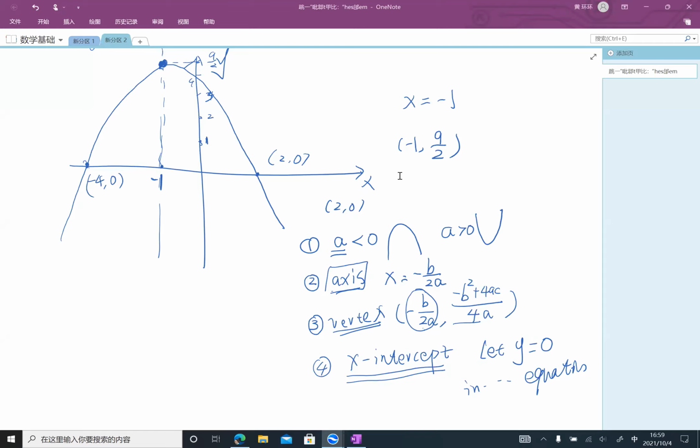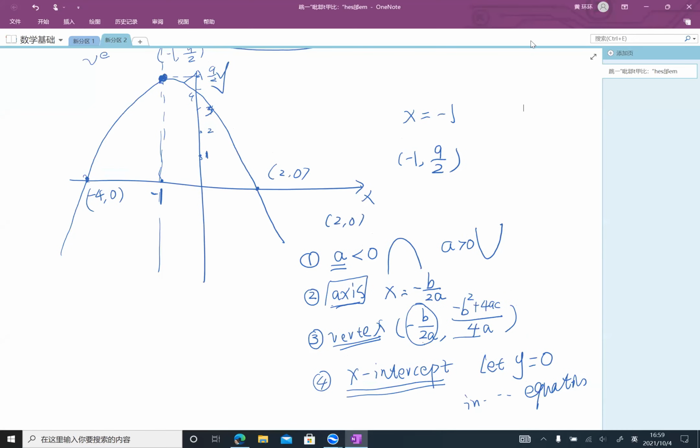Just go to settings and change it. Go to participants and click your profile, rename it: student ID plus your name.